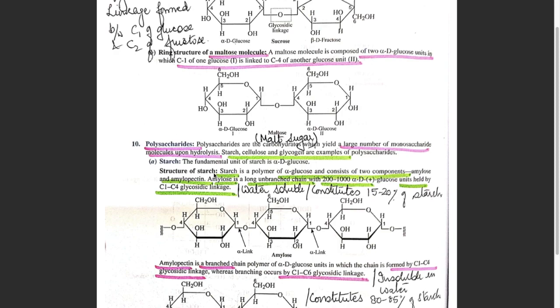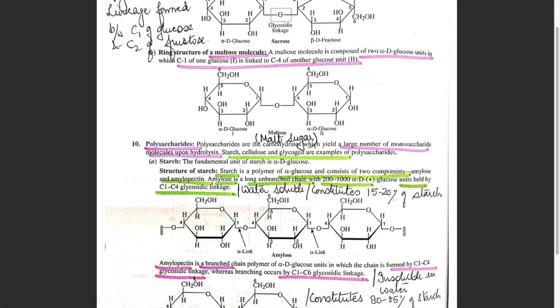First of all, let me tell you that the monomer of starch is alpha-D-glucose, and it contains two components, amylose and amylopectin. Amylose is a linear chain comprising 200 to 1000 alpha-D-glucose units held together by C1-C4 linkages, and it is water soluble and constitutes 15 to 20% of starch.